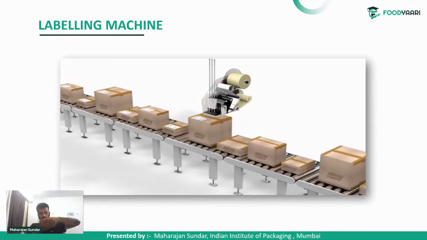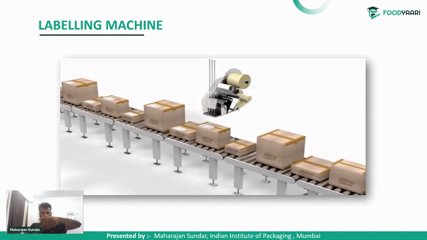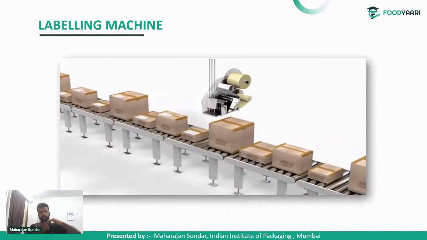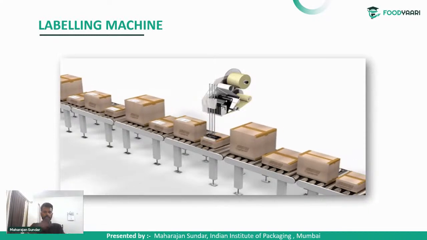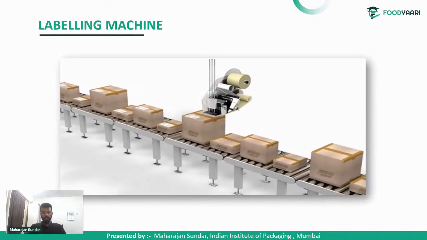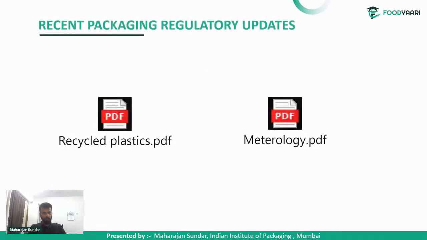It will apply glue, either polymeric glue or hot melt glue, and after that it will fix the labeling element for identification. This is all about the packaging materials and machinery we had to discuss.